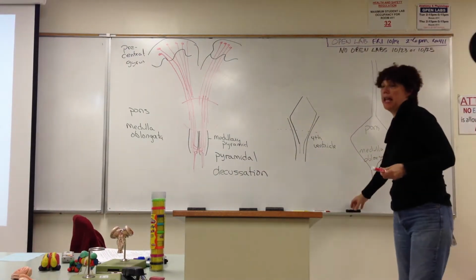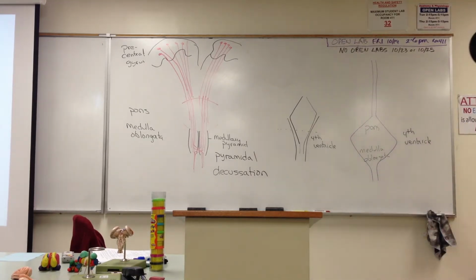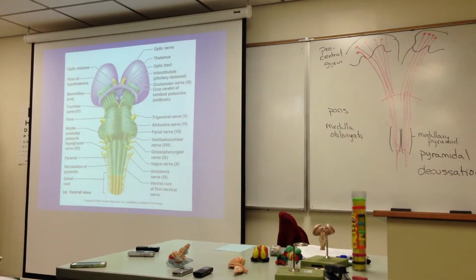And then I'm going to draw a cross-section of the medulla and look at some of the gray matter and how it looks as a cross-section. So before we get to that, here's a diagram showing the thalamus. Here's the optic nerve tract going back to the thalamus. And here are motor fibers coming through the midbrain, coming through the pons, and forming these medullary pyramids.